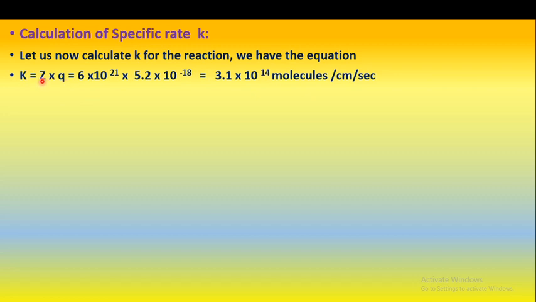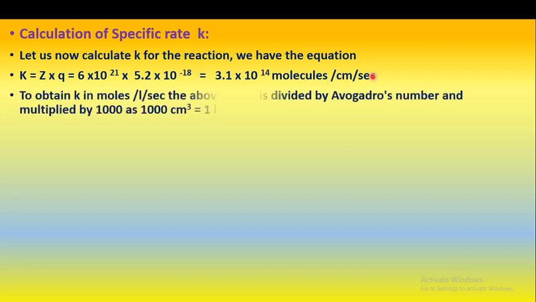Z is 6 into 10 raised to 21, and Q is 5.2 into 10 raised to minus 18. So K, the specific reaction rate or rate constant, is 3.1 into 10 raised to 14 molecules per centimeter cube per second.